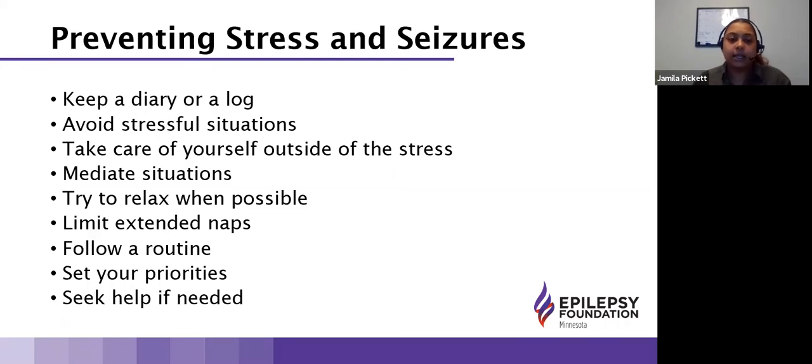And that moves into that second bullet point. Avoid stressful situations. Now that sounds really obvious, but it can be hard sometimes, right? Oh, what will they think if I don't show up? Or oh, I haven't seen her in a really long time. I'll feel bad if I don't go, but she's going to stress me out, etc. It happens.